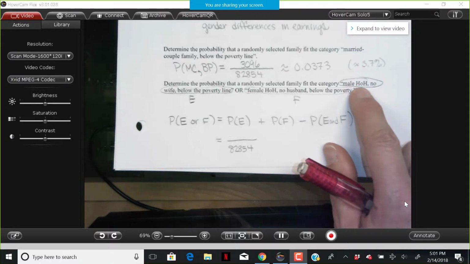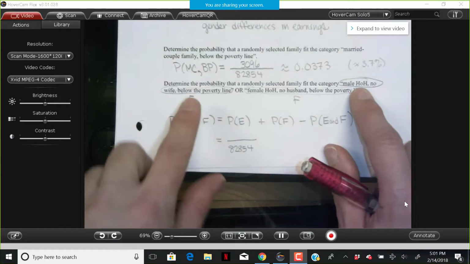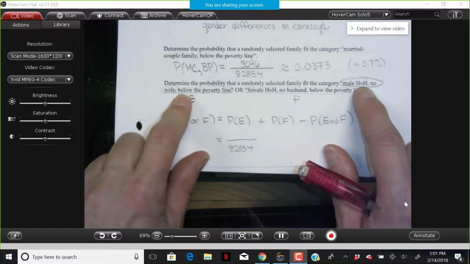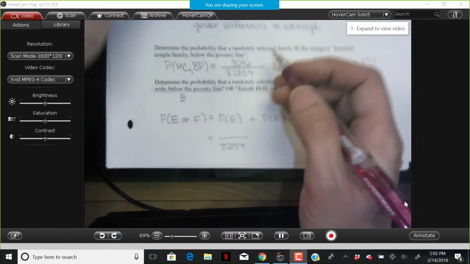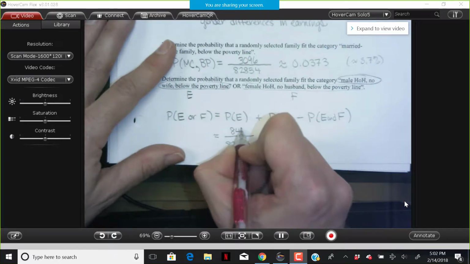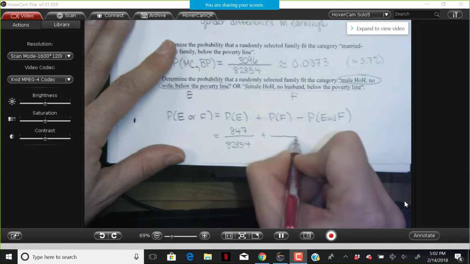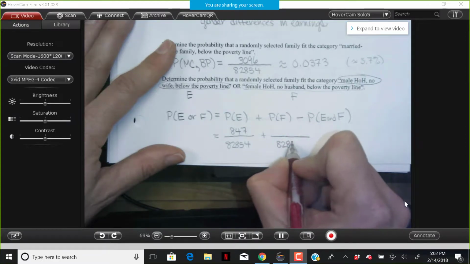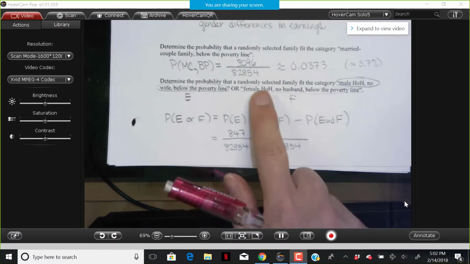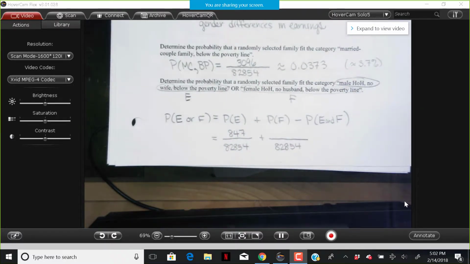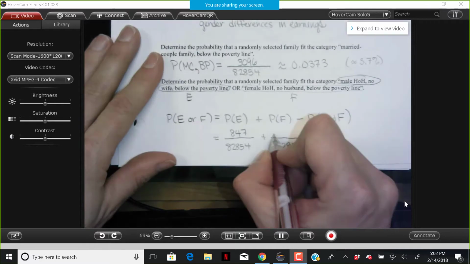Now, how many times in the experiment did we run across a household that was male, head of household, no wife, below the poverty line? 847. Plus, and then this one will still have 82854 in the bottom. And how many times did we run into female, head of household, no husband, below the poverty line? 4138.